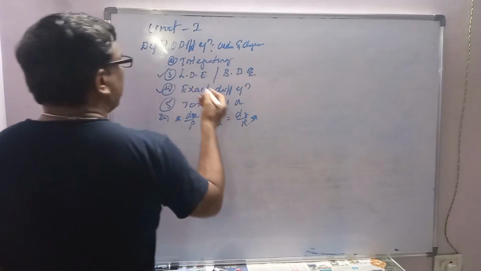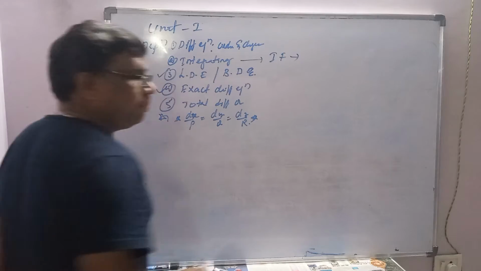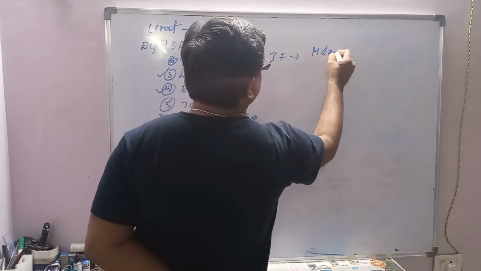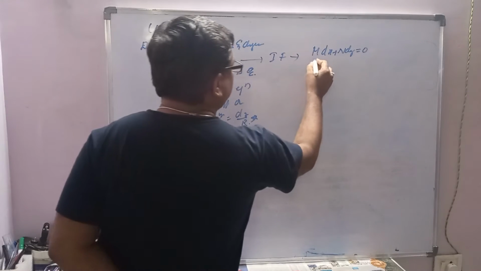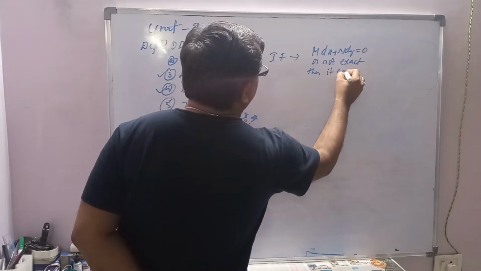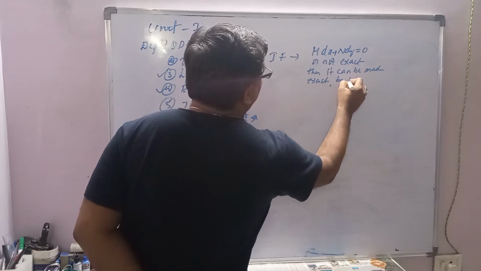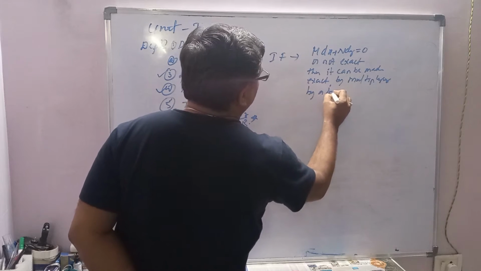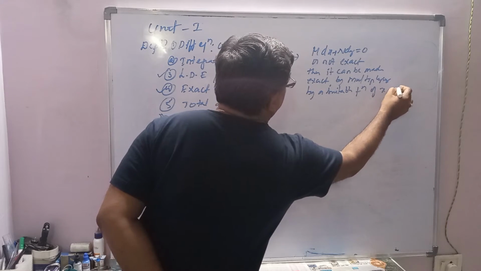Now, first of all, the integrating factor definition. What is an integrating factor? If the given differential equation M dx plus N dy is equal to 0 is not exact, then it can be made exact by multiplying by a suitable function of x and y.